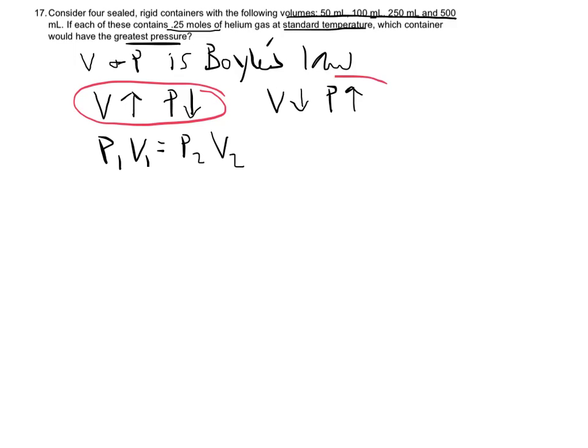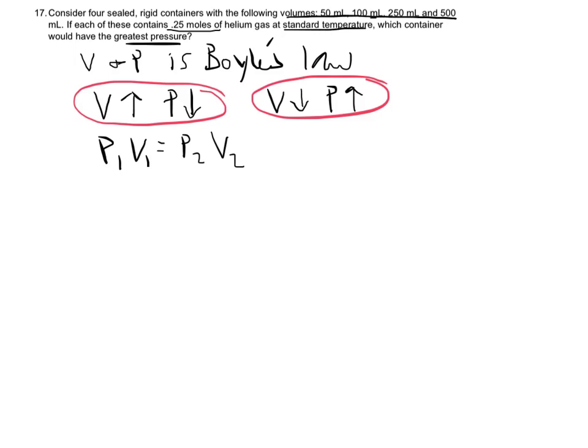Both of these are important because this question asks which one will have the greatest pressure. Well, the greatest pressure means that it has to have the least volume. Out of all of these volumes, we have 50, 100, 250, 500.